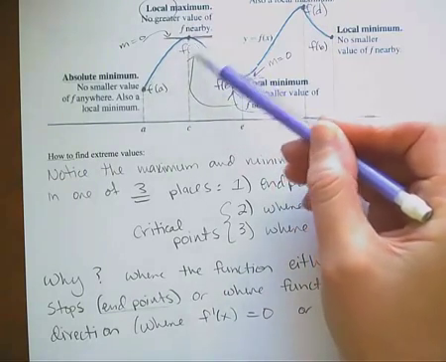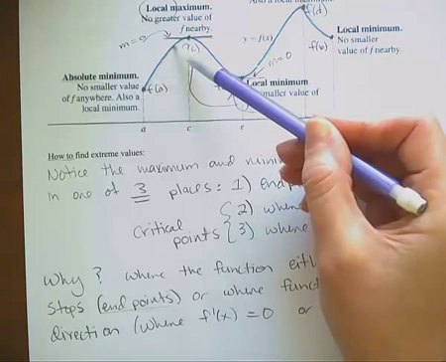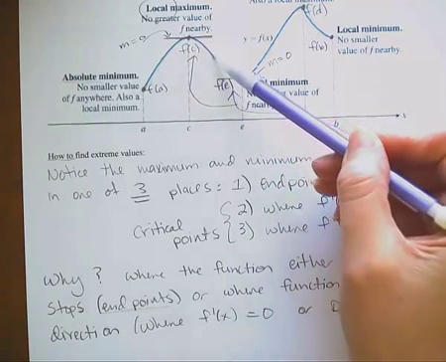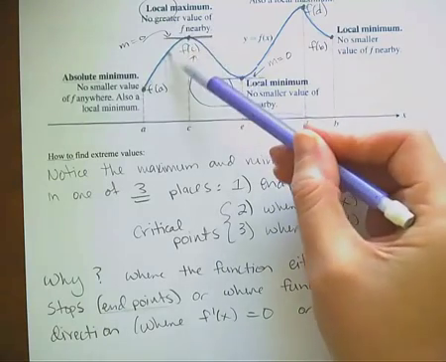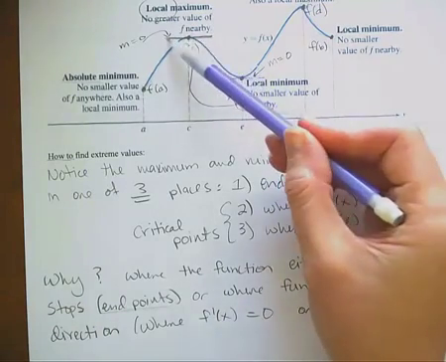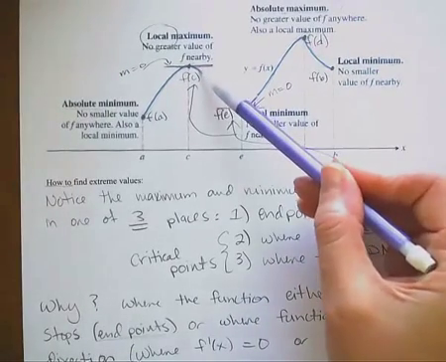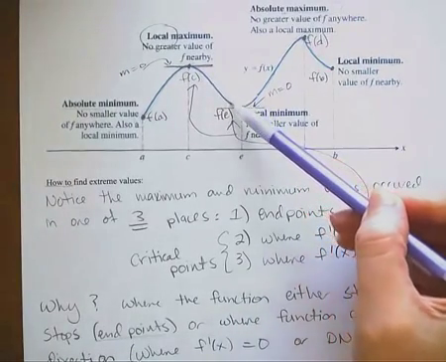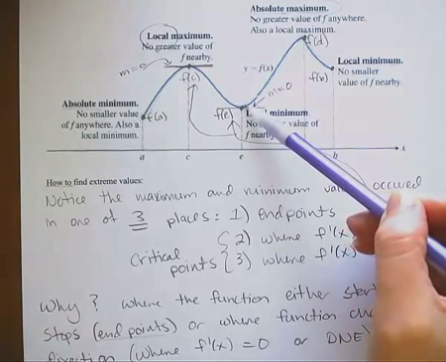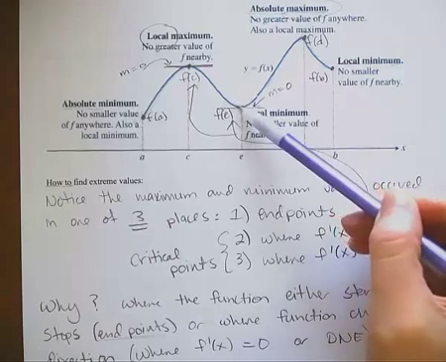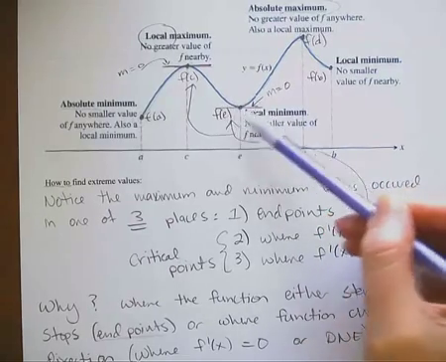So in this scenario, the function was increasing, it was going up, and then it stopped and then began to go down. Right there where it changed from increasing to decreasing, we have a slope that's 0, where the derivative is 0. Same here, the function was going down, it was decreasing, it stops, and then it begins to increase. So right there where it went from decreasing to increasing is where I have a slope of 0.